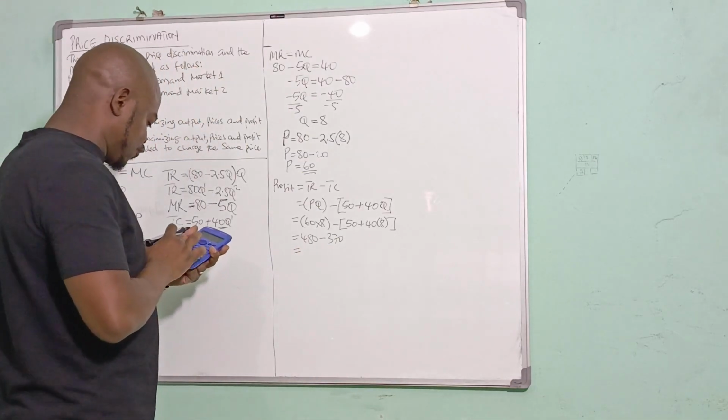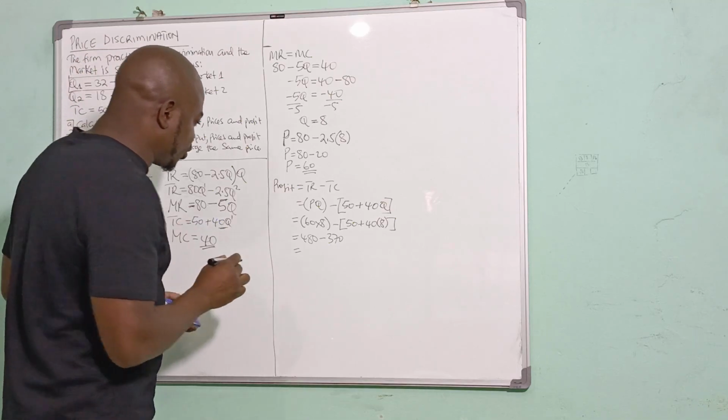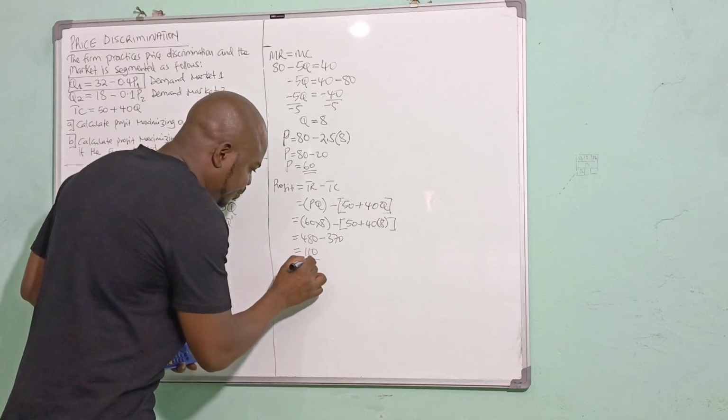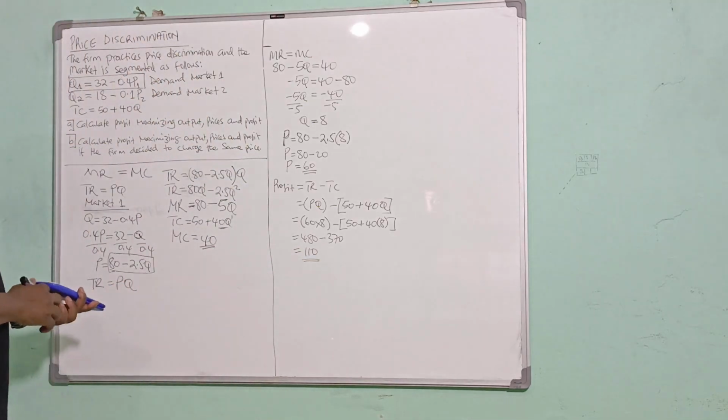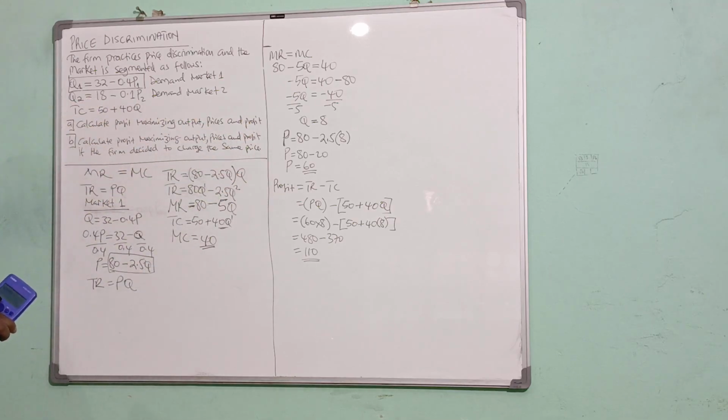The profit for here is 480 minus 370, which is 110. That's the profit that we are generating in market 1.